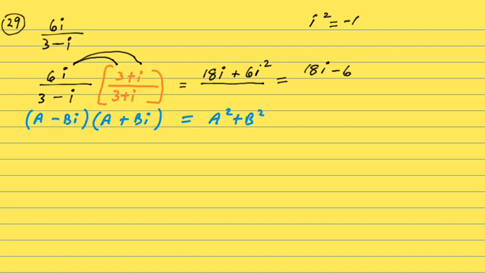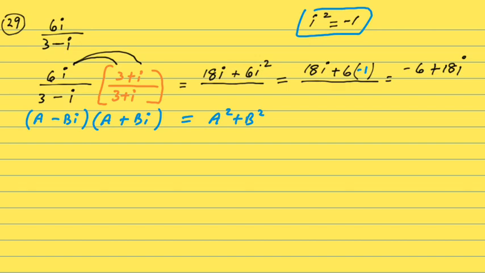Because you're replacing that i squared with a negative 1. So in the numerator, you end up with negative 6 plus 18i. I could factor. If you wanted, I could take a 6 out of those. But let's see if we have to.